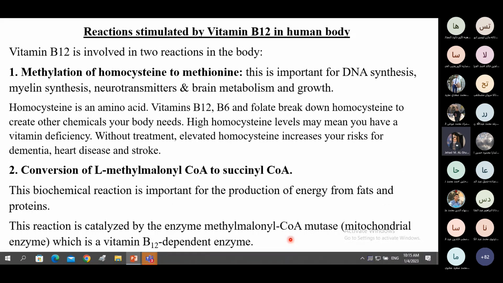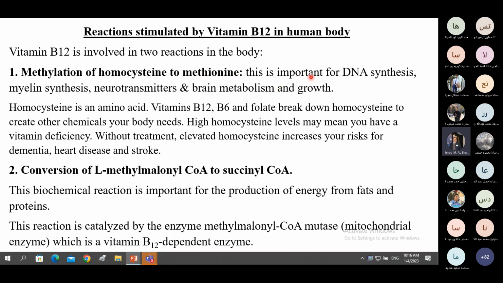Now, reactions stimulated by vitamin B12. B12 is involved in two main reactions. The first is methylation of homocysteine to methionine.